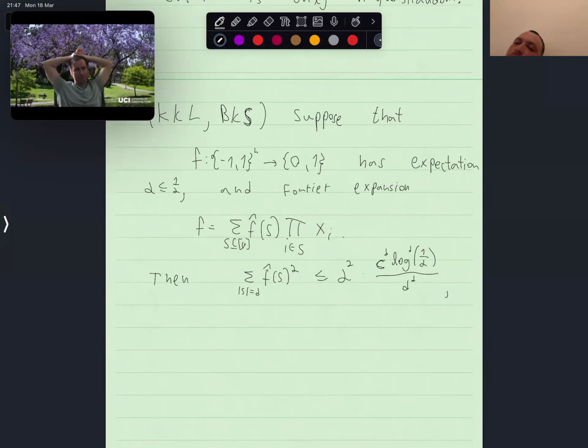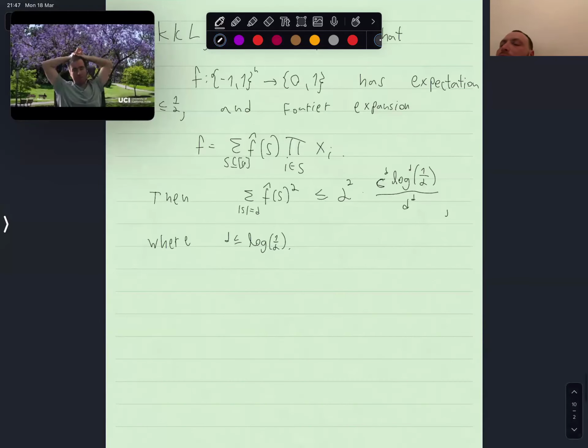Okay, and here you need D to be at most log 1 over alpha, and C is an absolute constant.